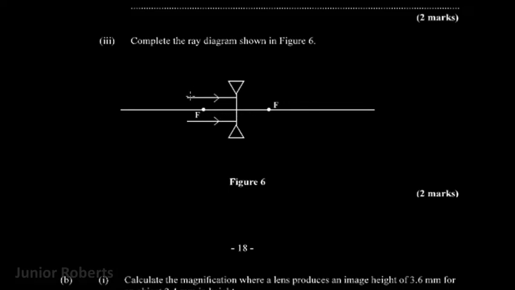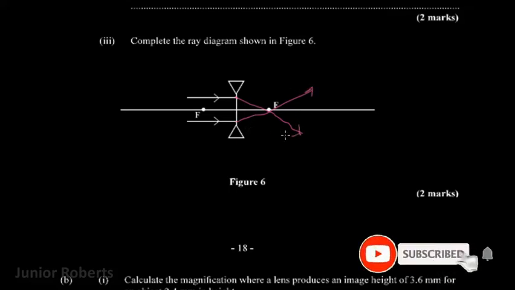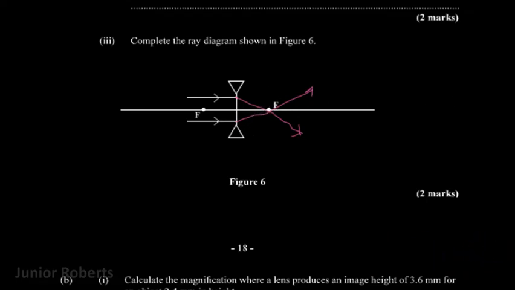So this light ray will converge and pass through that point here. Similarly, this light ray will converge and pass through the focal point. That will happen to our light rays as they pass through the lens: they will bend toward the focal point. Alright, so let's move on.